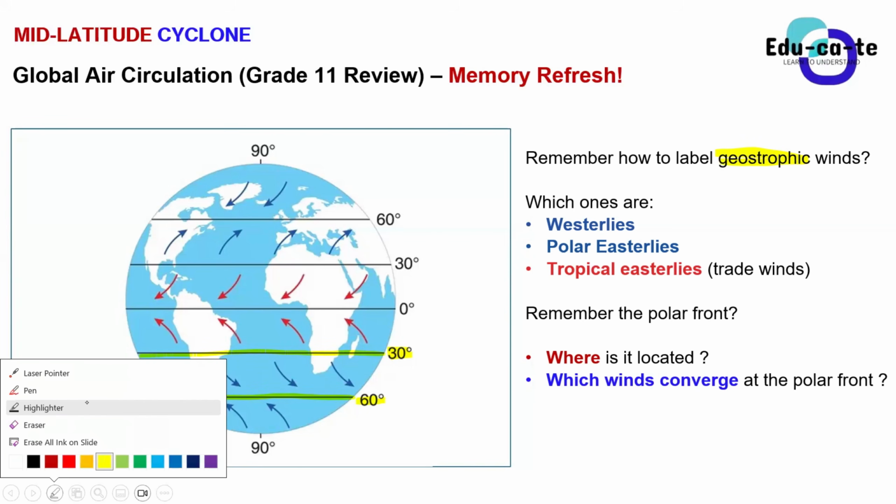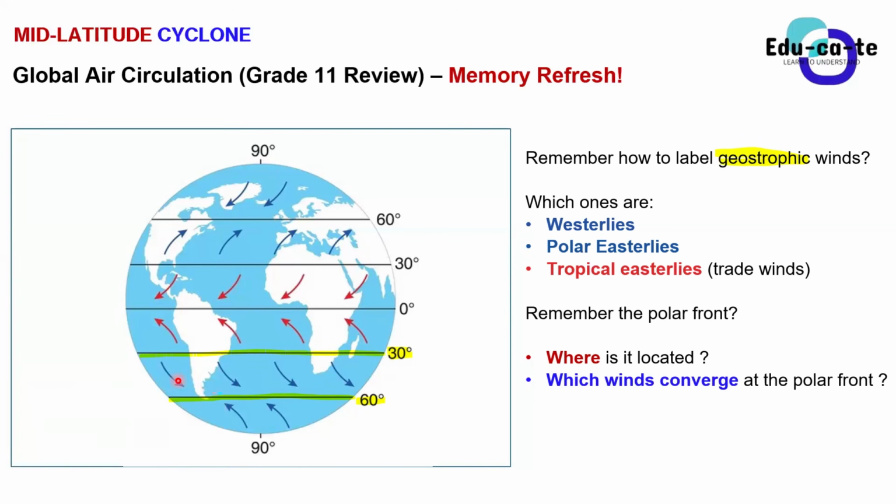So these winds that we find between the 30 degrees and the 60 degrees lines of latitude, these winds here, are known as the westerlies, as Tahatso says. So you need to remember this from your grade 11.